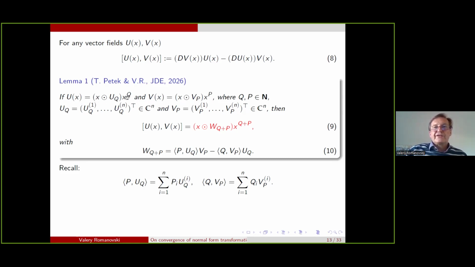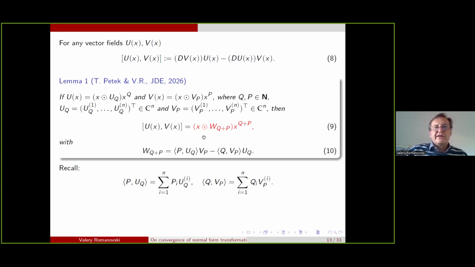here you see x is just the vector x1, ..., xn, v is just a vector of numbers, and q is a vector with integer coordinates, and p is a vector with integer coordinates. So one way to compute a Lie bracket is to rewrite this in traditional form, compute a Jacobi matrix, compute what you will have here, and then you will have to rewrite this in Bruno's vector form.